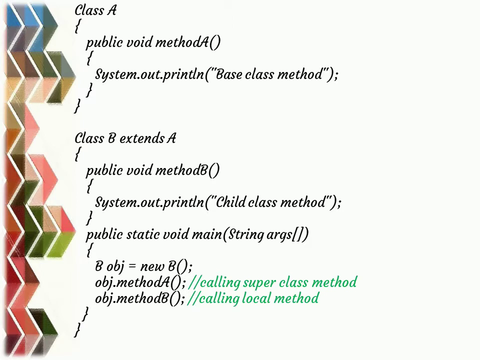And I am extending class B to class A. So I am simply creating an object for class B. Through that object, I am calling the method of class A. So here class B is deriving the properties of class A. Okay, so we are not creating an object for class A since class A is inherited by class B. This is about single inheritance.